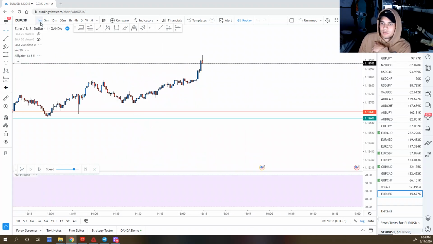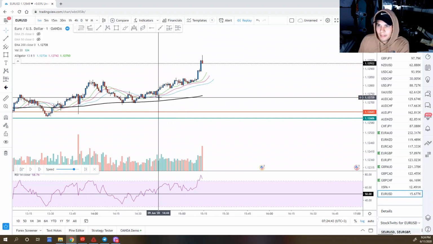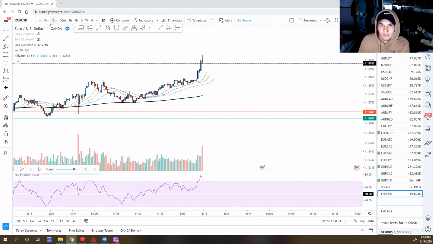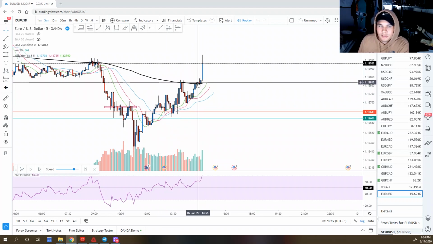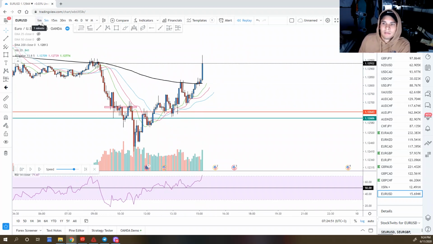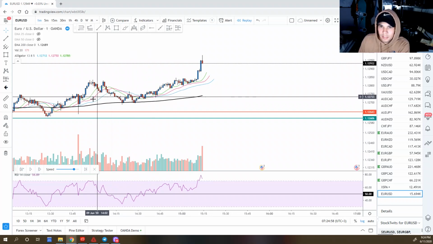Let's go back to the 1 minute chart. If we caught that earlier, right here where we closed above the 200 EMA on the 5 minute, that was right around here.